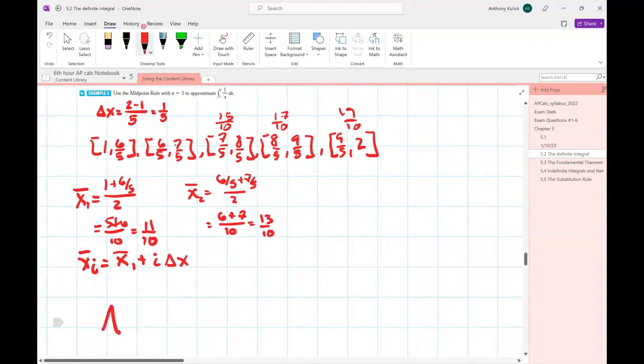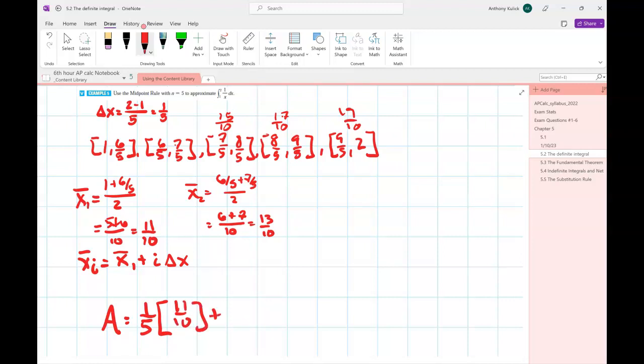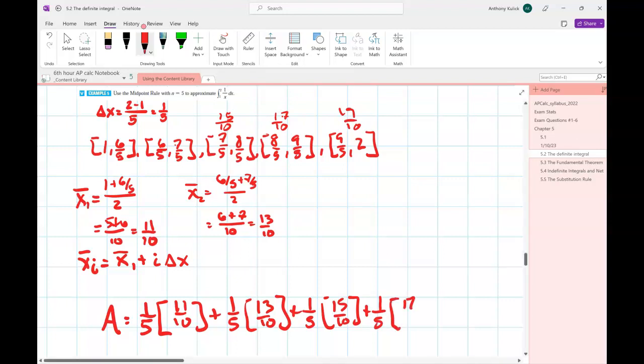Okay, so what does it come out to be at the end? It's base times height plus base times height plus base times height plus base times height plus base times height.